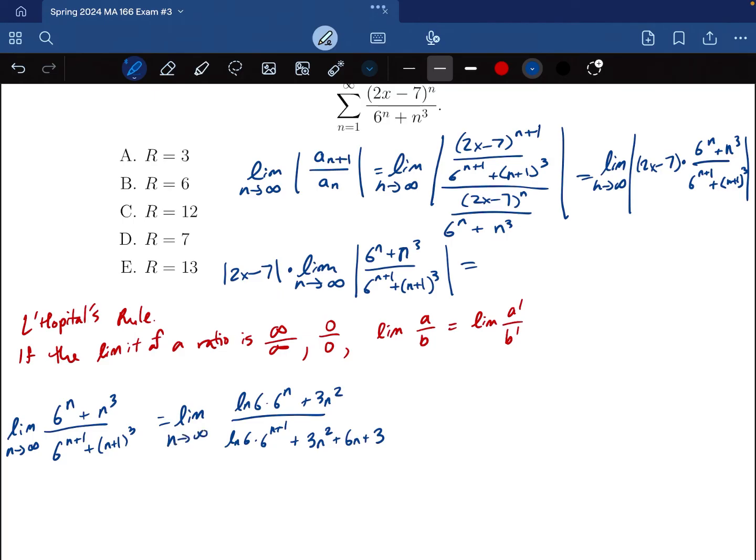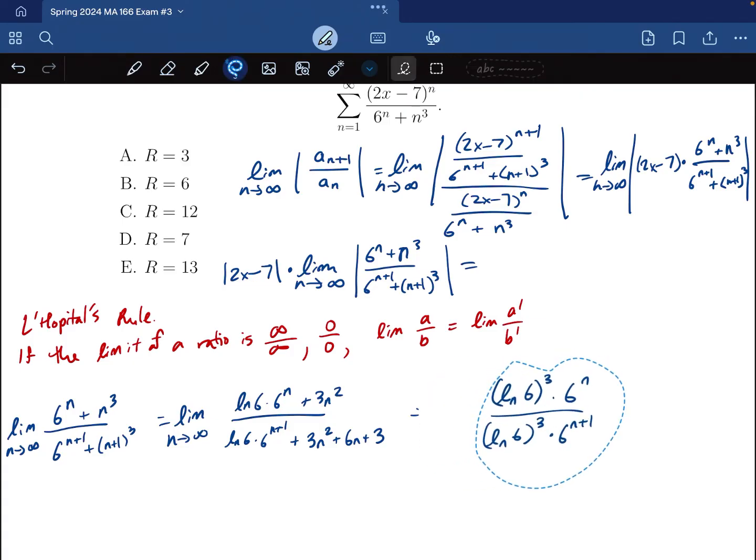But essentially, what happens after I take the derivative a few more times is I end up with natural log of 6, I think, to the power of 3, it doesn't really matter, times 6 to the power of n, divided by natural log 6 to the power of 3 times 6 to the power of n plus 1.